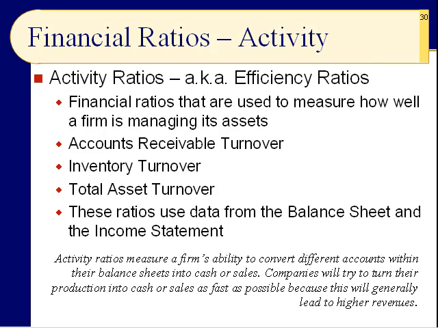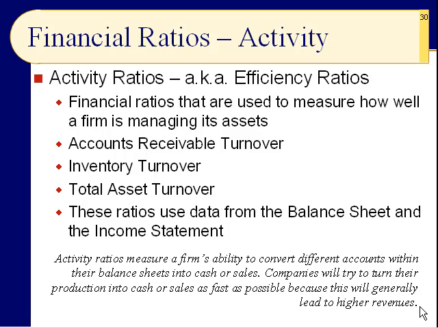Now let's take a look at the activity ratios, which are useful for looking at the efficiency of a company, and sometimes they're called the efficiency ratios. They are used to measure how well a firm is managing its assets. The activity ratios measure a firm's ability to convert different accounts within their balance sheet into cash or sales. Companies will try to turn their production into cash or sales as fast as possible because this will generally lead to higher revenues.